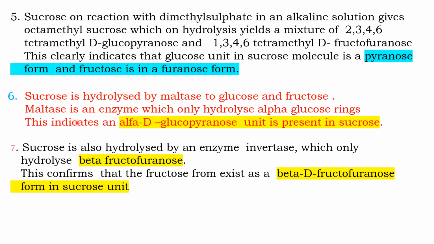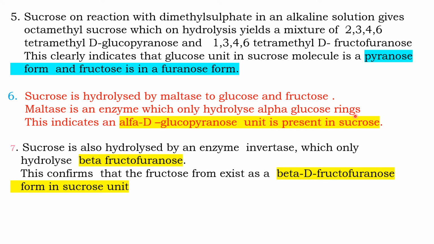See here, sucrose is hydrolyzed by maltase to form glucose and fructose. The enzyme maltase undergoes hydrolysis of sucrose. Maltase is an enzyme which only hydrolyzes the alpha glucose ring. Alpha glucose rings are hydrolyzed by maltase.